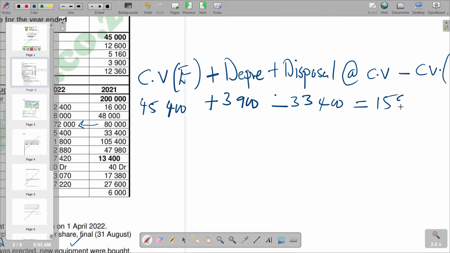And we know that this is a purchase, so obviously it's an outflow, so our 15,900 will be shown as a negative.